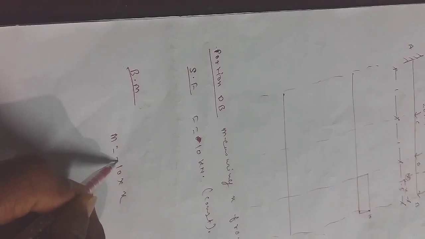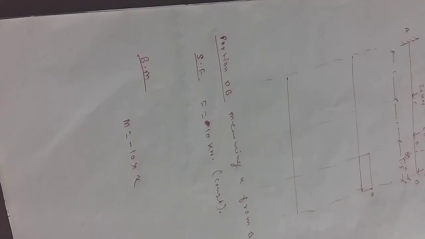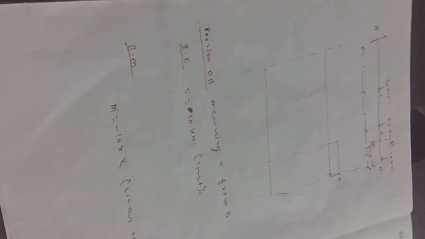Now for bending moment, M will be equal to force into distance up to the section XX, so 10 into X. By sign convention, for this load the cantilever will try to bend downward, so it will be hogging bending, so it is minus 10x, and the variation will be linear, the equation of y equals mx plus c.